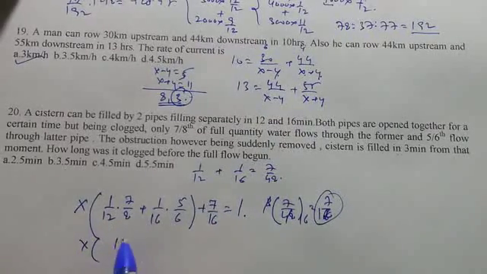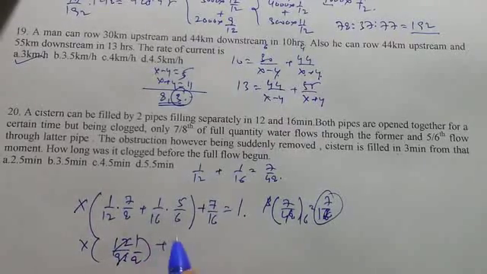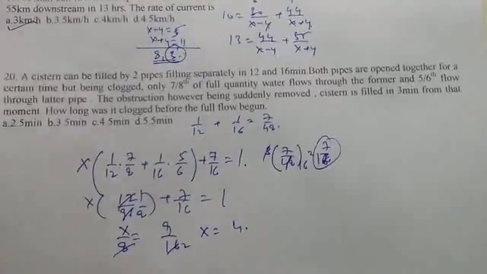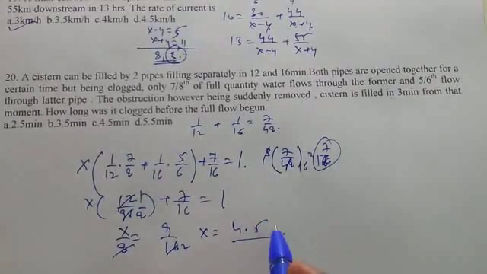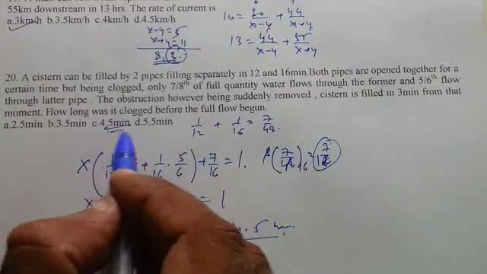It is x into 12 upon 96, or 1 upon 8, plus 7 upon 16 is equal to 1. So x upon 8 is equal to 9 upon 16. So the value of x is equal to 4.5 minutes. This is the answer.